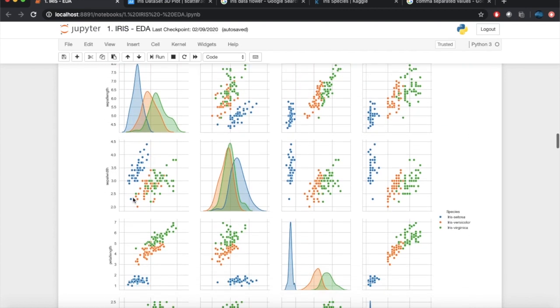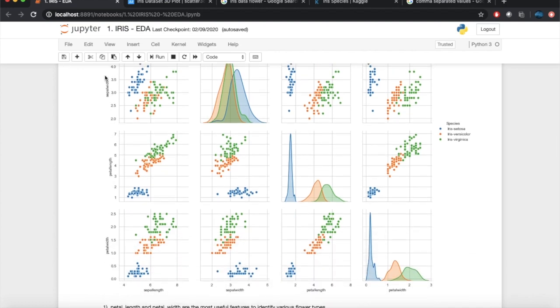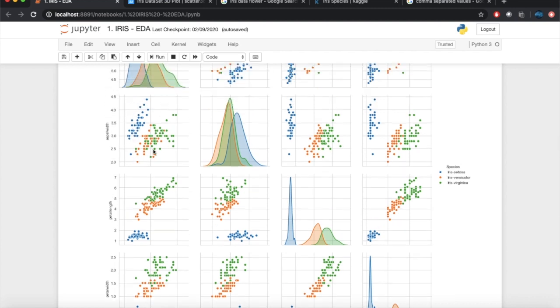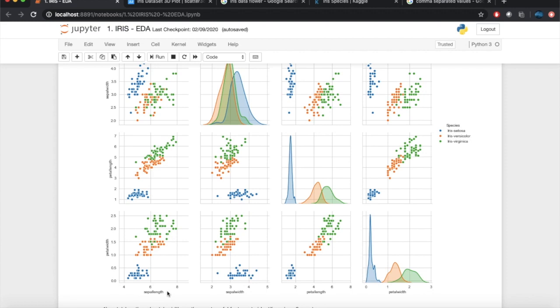These are the scatter plots. Let's see. This graph has its y-axis as sepal width and x-axis as sepal length. This graph has its x-axis as sepal length and y-axis as petal width.